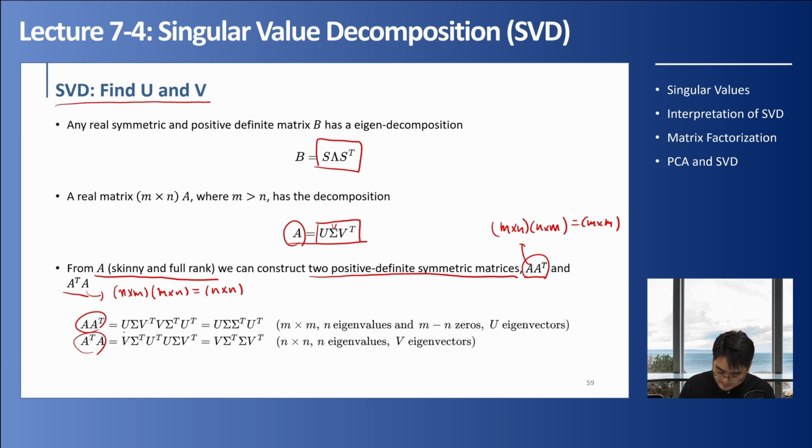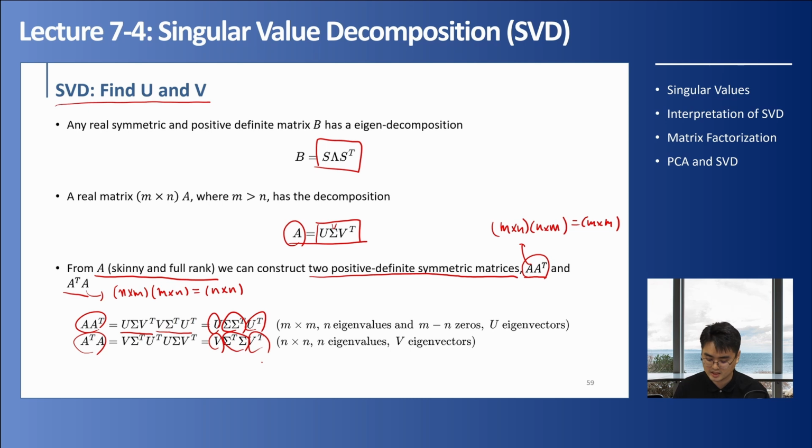So for example here, we can see that A A transpose equals U sigma V transpose times V sigma transpose U transpose. And we calculate this, we get U and U transpose with some multiplication of the diagonal matrix in the middle. And for A transpose A, similarly, we have V times something in the middle and V transpose here.